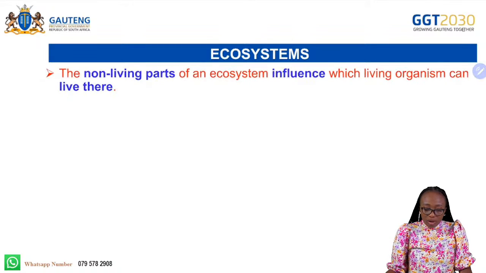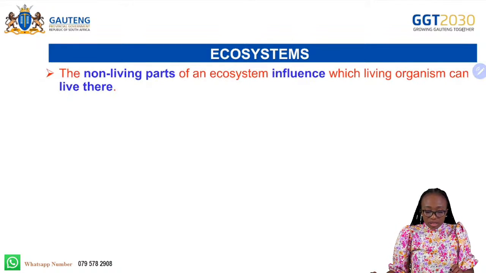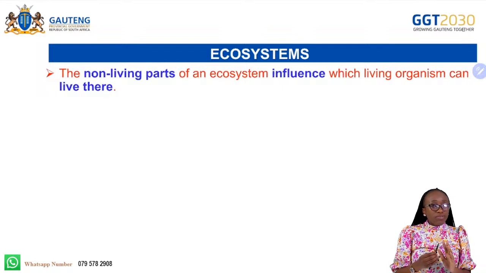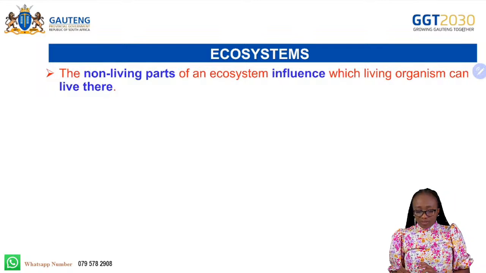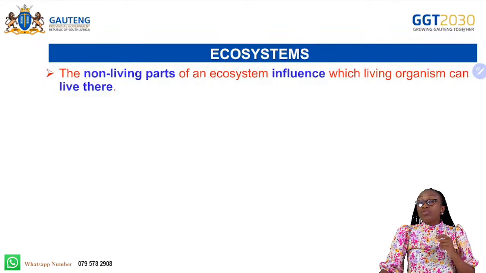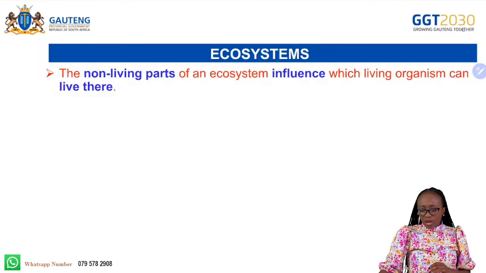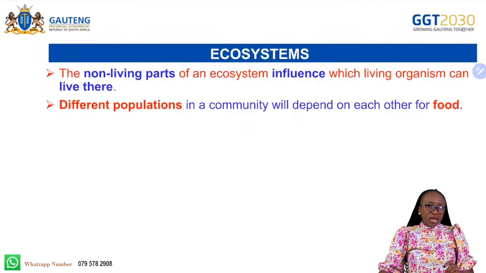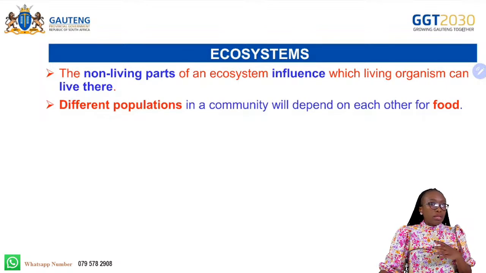Now, let's talk more on ecosystem. We said the ecosystem is made of two parts: living parts and non-living parts. The non-living parts influence which organism is capable of living there. The non-living parts, remember, are the air, the sunlight, the soil, the water, the temperature.